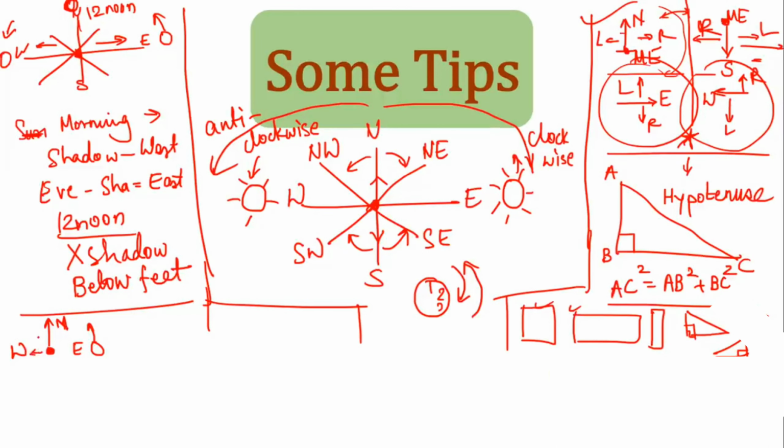This is nothing but my left side. So during sunrise, when I am facing north, my shadow is on the left side of mine. And during sunset, when the sun reaches over here, that is after 12 o'clock, my shadow will be on the right hand side towards east. This is my right hand side.